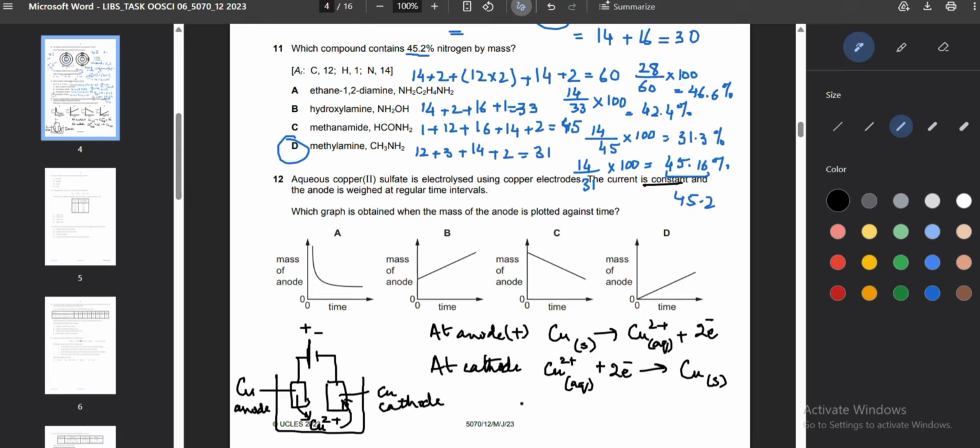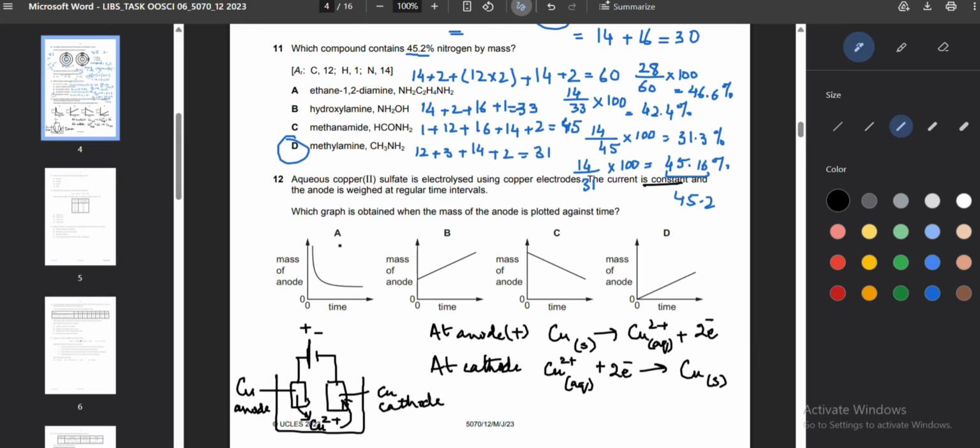Okay, so you can see that when the current is passed, the copper is lost from the anode at constant rate, so the mass of anode decreases. It must decrease uniformly with time, and it should give us a straight line with a negative slope.